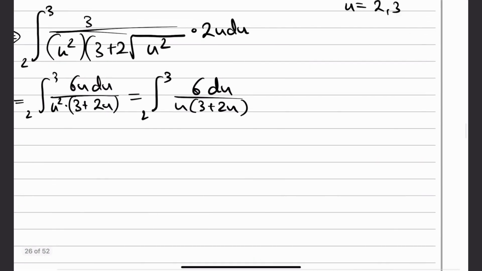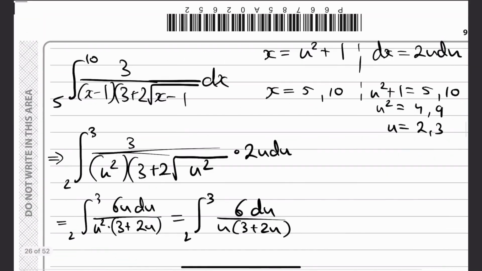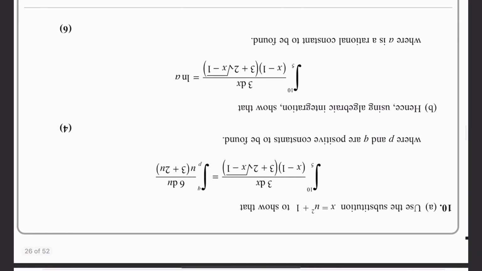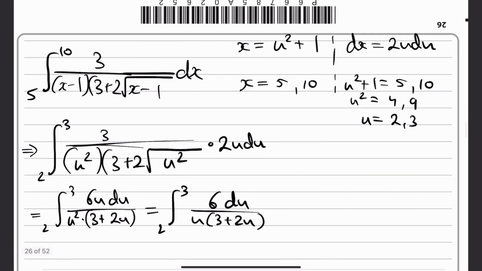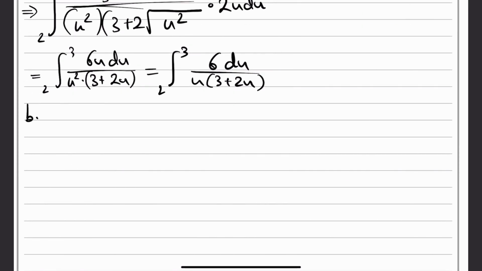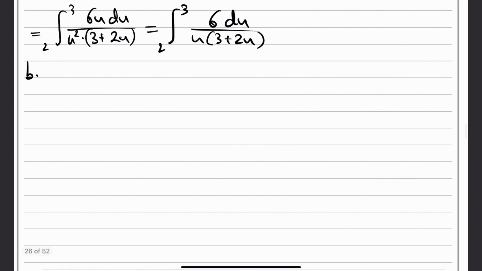So part B, what question is this? 10a. And part B, we're just going to solve this integral. So I'm just going to write it out again. I think this is by partial fractions. So let's do that.